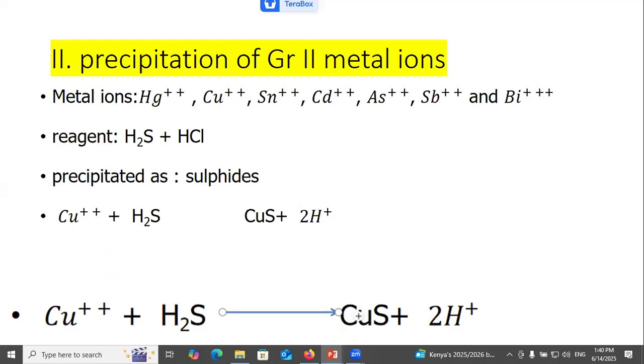Precipitation of group second metal ions: mercury II, copper II, stannous II, cadmium II, arsenic II, antimony II, and bismuth III. Reagent: hydrogen sulfide and hydrochloric acid, precipitating as sulfides.